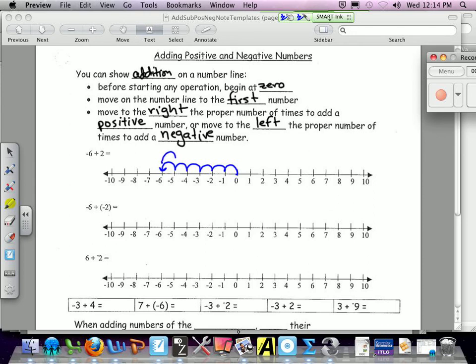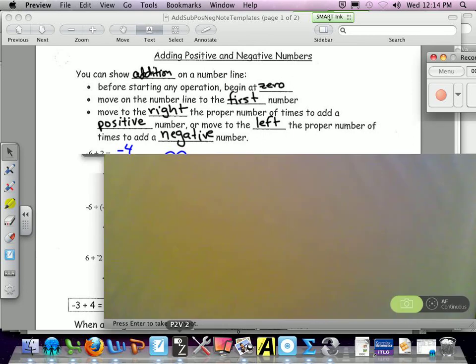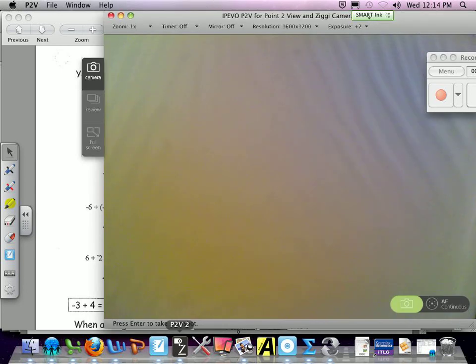Plus 2 has us go up 1, 2. Therefore we end up at negative 4. So that's one model for doing this particular addition. It's going down 6 from 0 to negative 6, and then going up the number line 2 spots, you end up at negative 4.